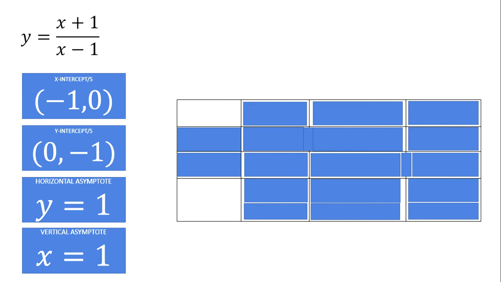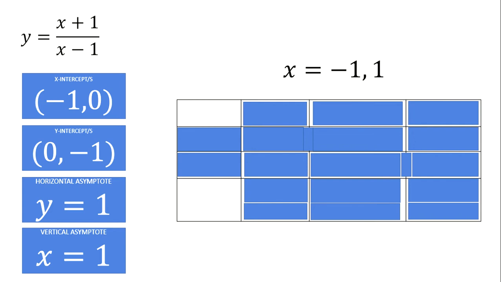Okay, so going back to the critical values that I mentioned earlier, we will use them in our sign table here, which are negative 1 and 1. As you can see here, negative 1 and 1, we have two critical values.